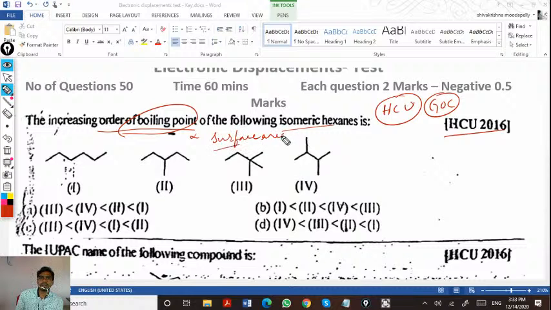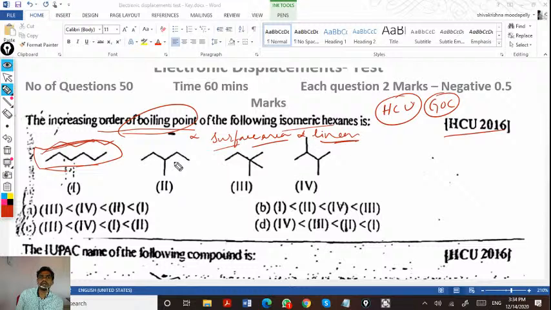If it is more linear, its surface area will be more, so that the interaction between the molecules can be easily attained, and they can form like a sheet or a bunch, which will increase the requirement of energy, which is nothing but temperature. So the boiling point will be more.